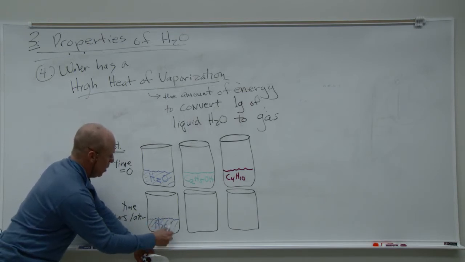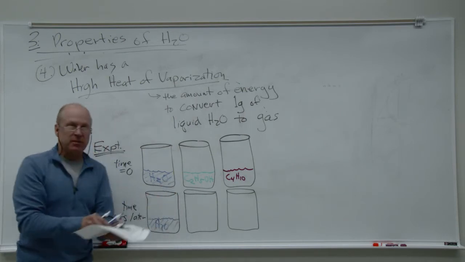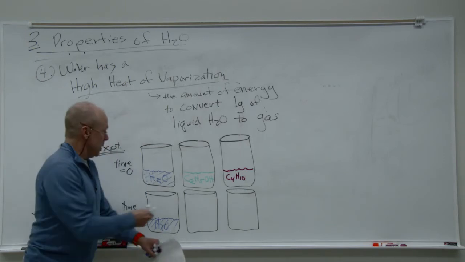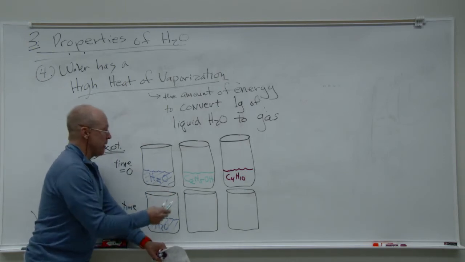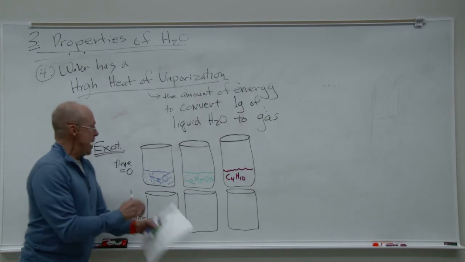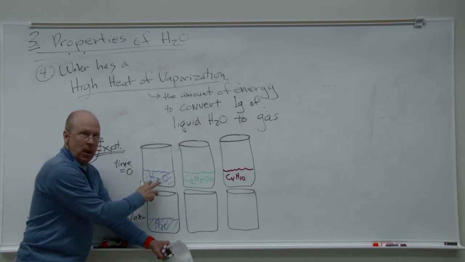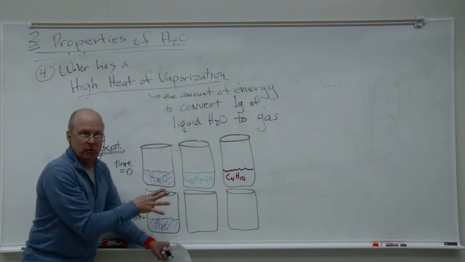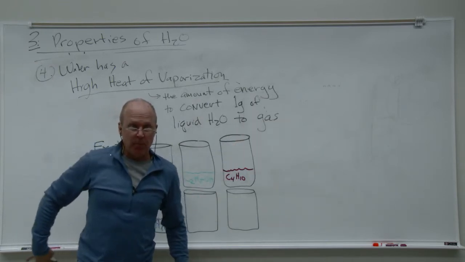So there's H2O. Now the next question, however, is what's going to happen to this ethyl alcohol? Is it going to evaporate more or less than water? Well, remember that what's holding these water molecules together is hydrogen bonding and partial charges. And remember that water's all about partial charges. Both of the hydrogens have partial positives, and then the oxygen has a couple of partial negatives.